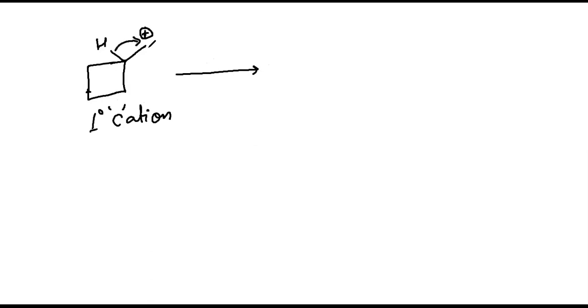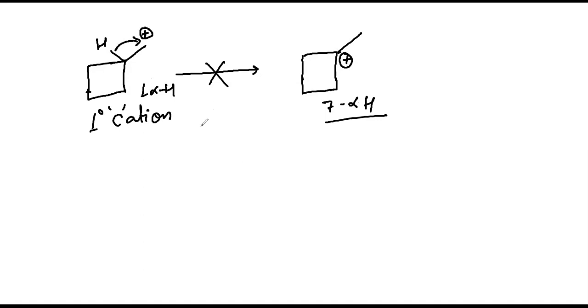So one thing comes to mind, we can shift this hydrogen. What will we get here? We'll get a positive charge. Once we get positive here, we were having just one alpha hydrogen and here we are having 7 alpha hydrogens. So now we are in a very happy condition, isn't it? Yes, sir. But this does not happen. Why? Because from one end you are becoming stable, and from the other end you are becoming highly unstable. How? Let's see.